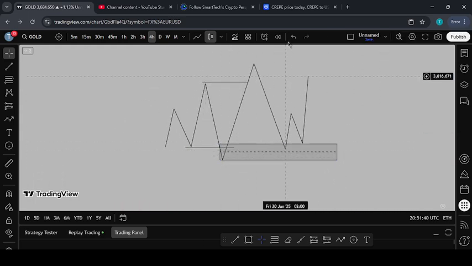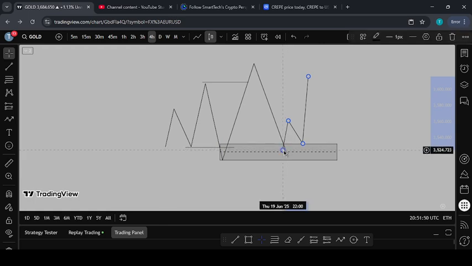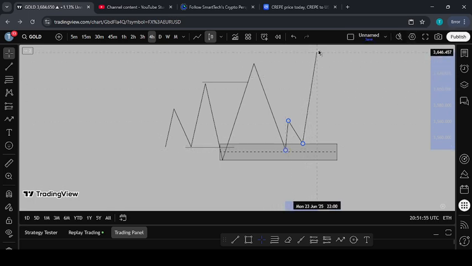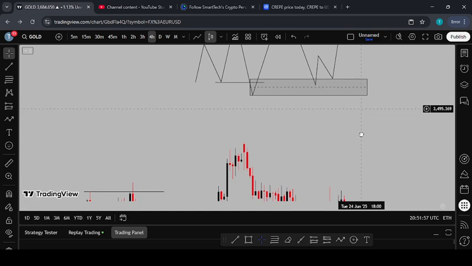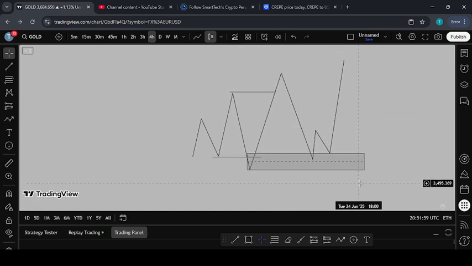It's a protected low or a protected high because it has taken out a form of liquidity. This region is now protected. So if price pulls back to those regions, we are confident to take a trade off that POI for a continuation, right? So this is another importance of knowing how to spot them properly.